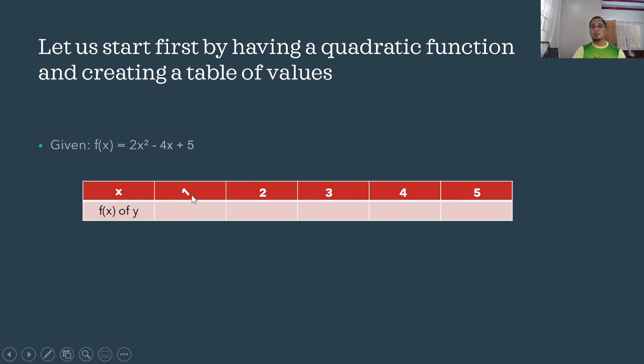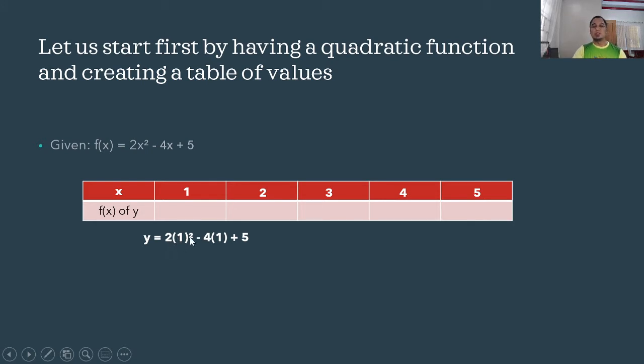Let's say, for example, we will be using y. So instead of x, we will be replacing it by 1. There we go. So as I have told you, f of x is synonymous with y. They are practically the same.